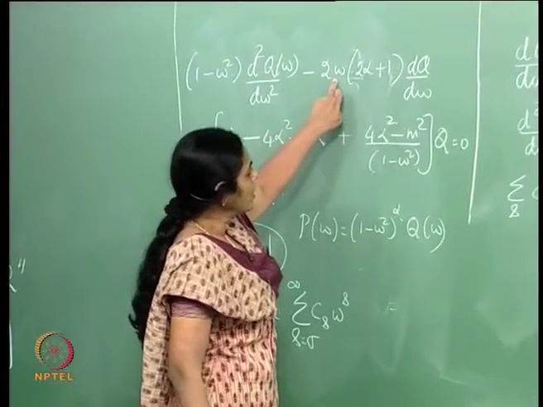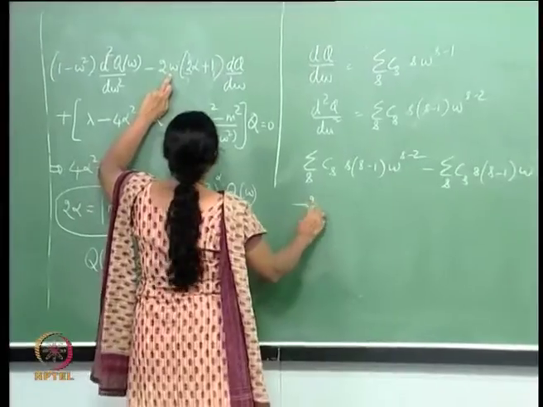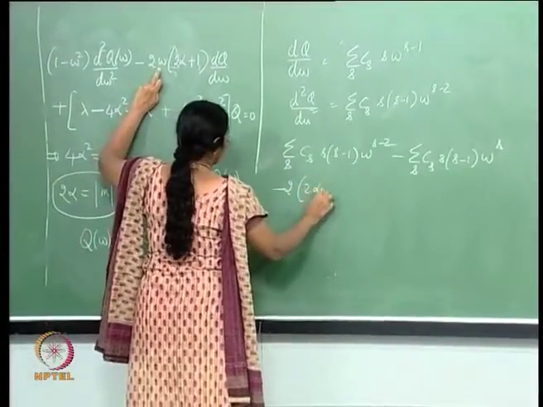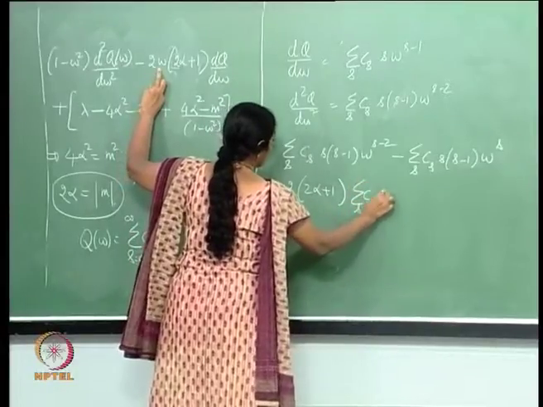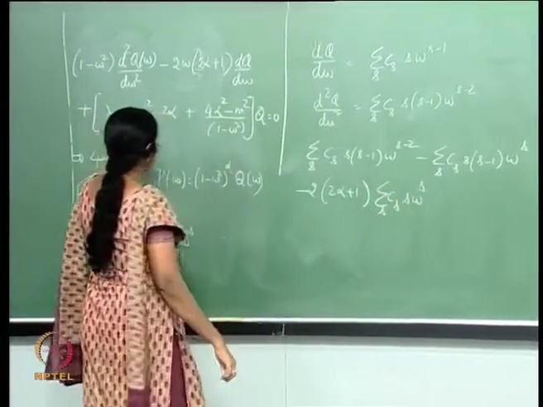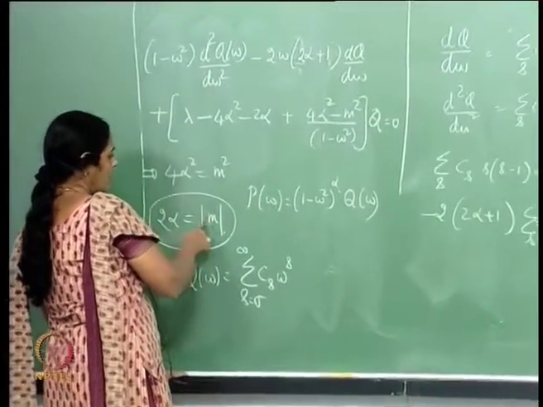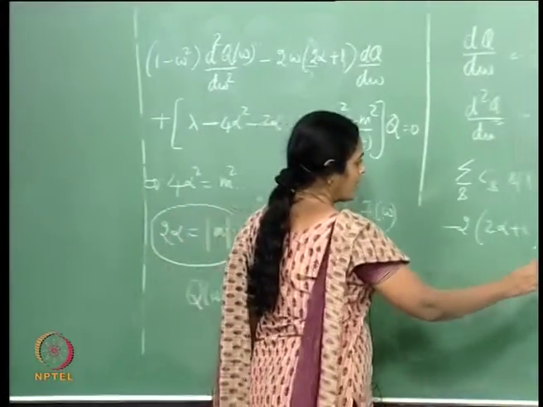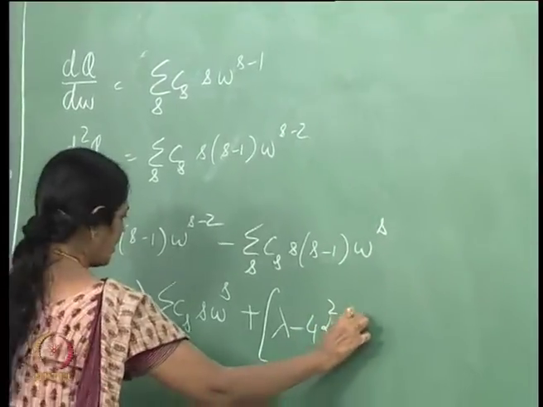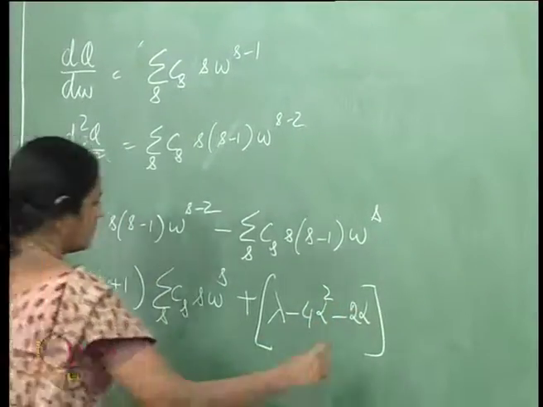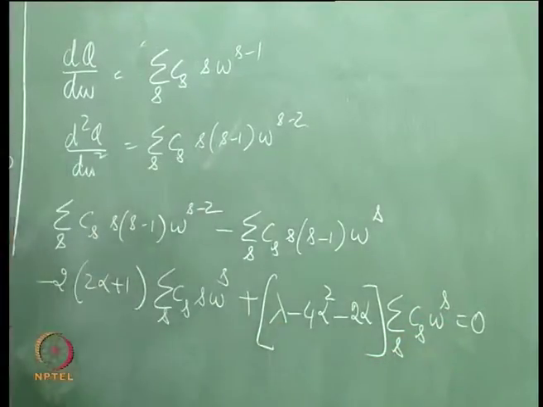This would give me a power w to the s, because dq by dw comes with the power w to the s minus 1. And then, of course, I have all these terms, but this term drops out because 4 alpha squared is equal to m squared, and therefore, I just have this term, the sum over s of Cs w to the s equals 0.